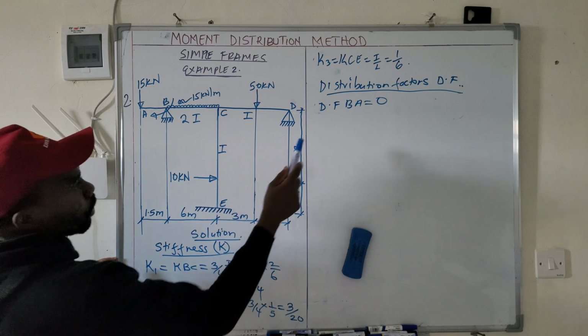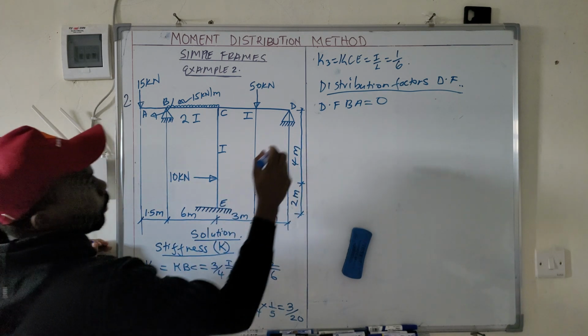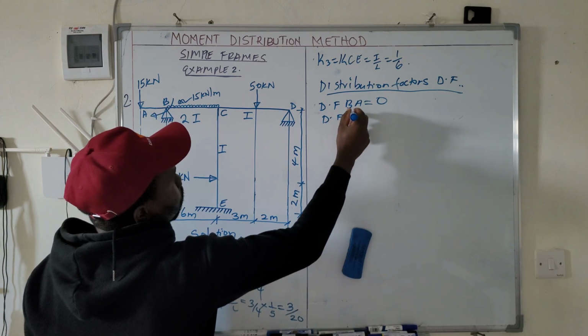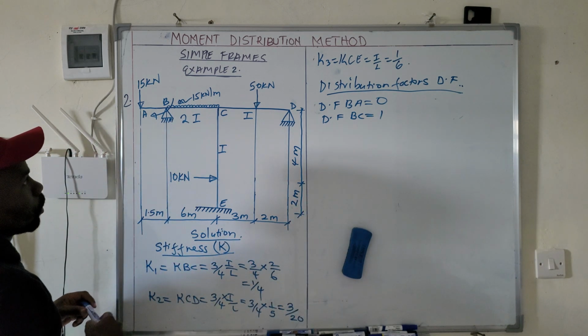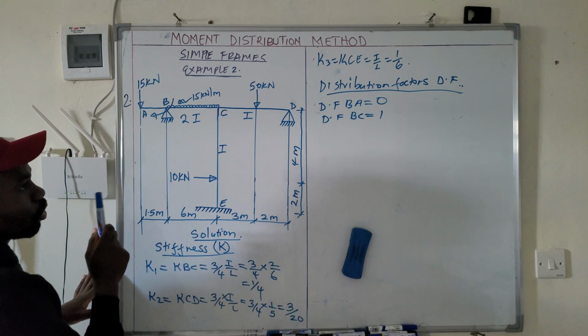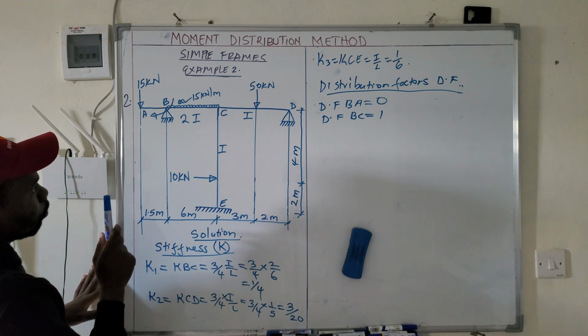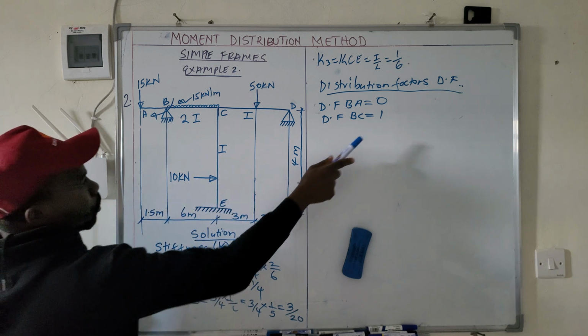So our distribution factor is 0. Distribution factor BC is equal to 1 because the distribution factor for a simply supported end is always equal to 1.